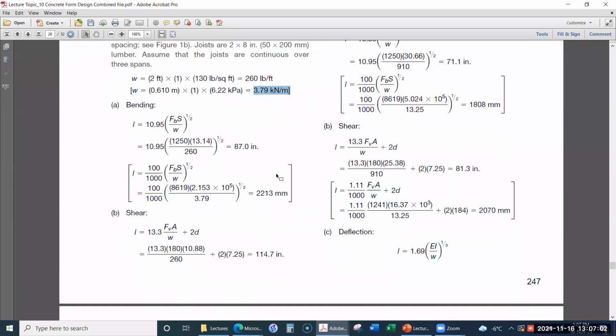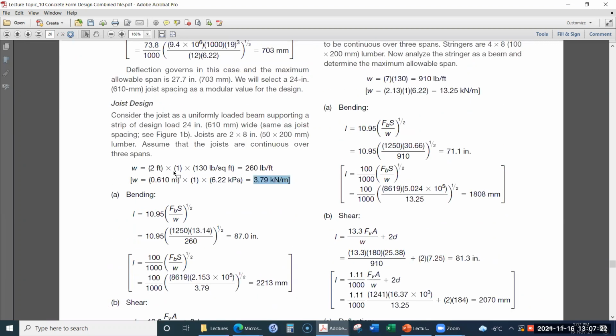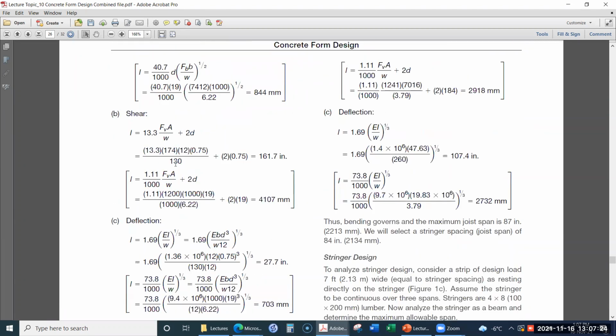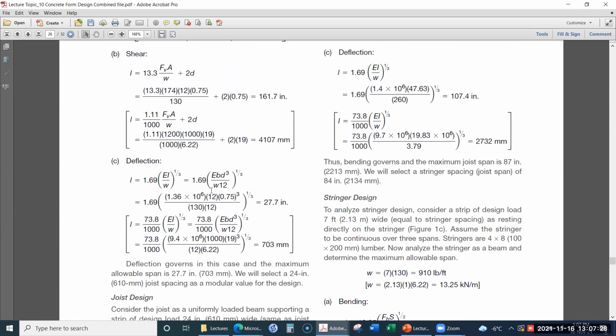And then similarly, we will calculate the lengths for the bending, shear, and deflections. However, we will need to use the appropriate equation, which is not the same as we used for the previous case. In the previous case, there was a D over here, because sheathing is just a sheath.